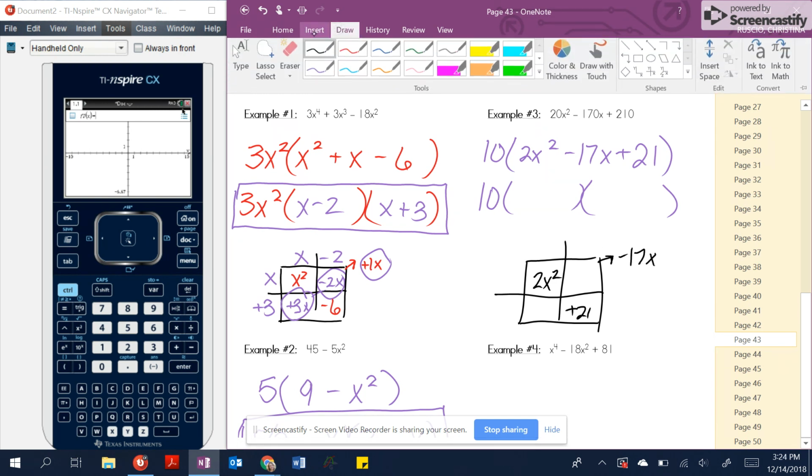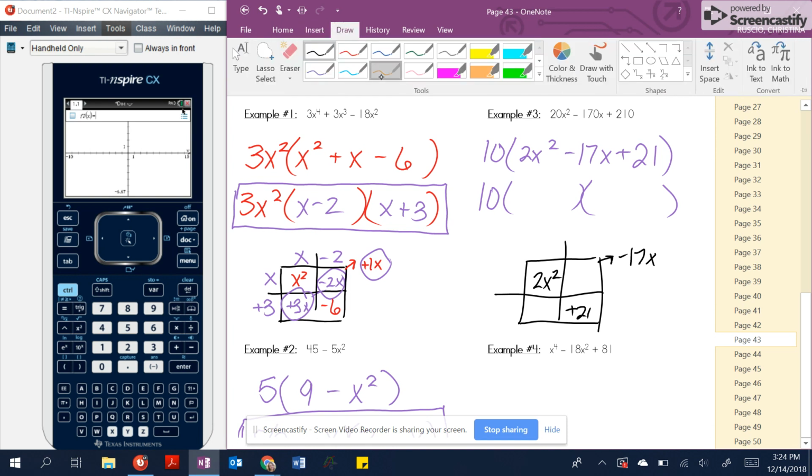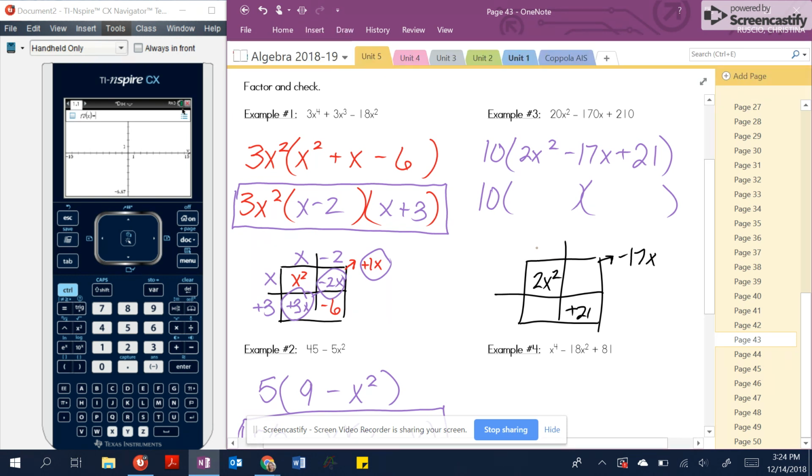All right, let's see. I'll use a different color. Ooh, I haven't used orange yet. So there's 2x and x. What two numbers multiply to 21? Well, that's 7 and 3. But wait a minute, there's got to be a negative 17 sum. So maybe negative 7 and negative 3. So I have negative 6x and negative 7x. Uh-oh, those don't add to negative 17.